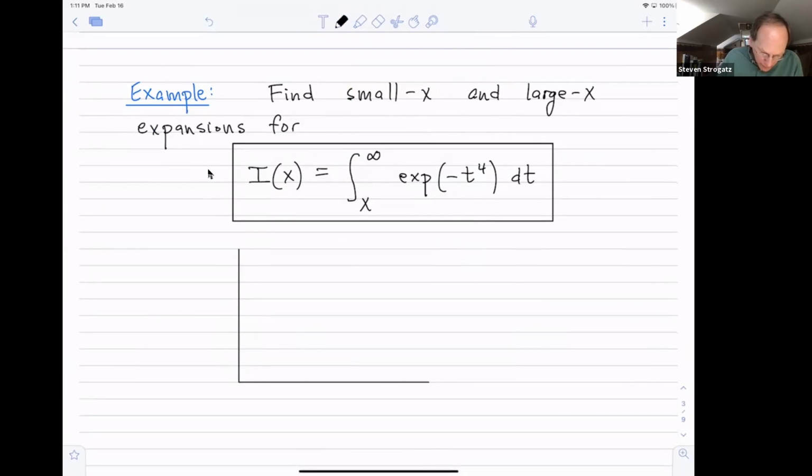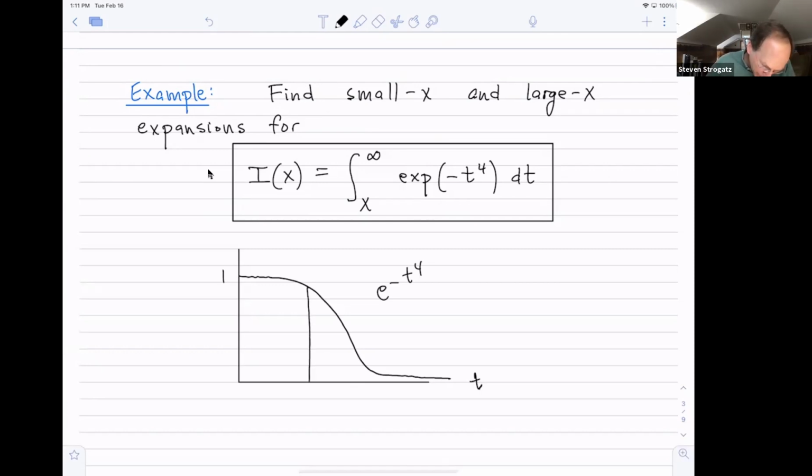So it sort of looks very flat, and then it comes down. I'm sketching here the function e to the minus t to the fourth as a function of t. And you could think of this as a question about what's the area under this curve to the right of some place x.